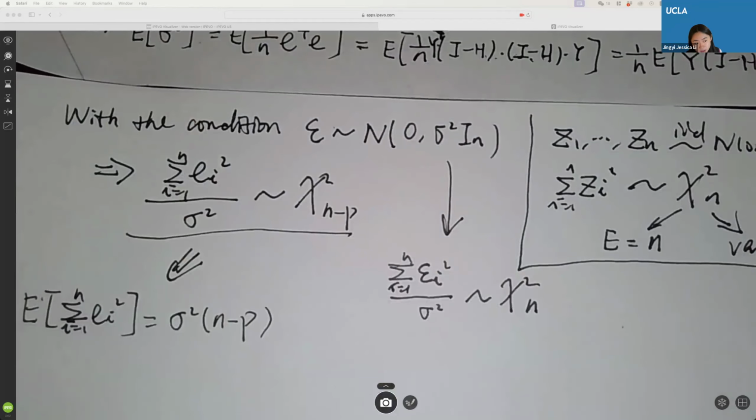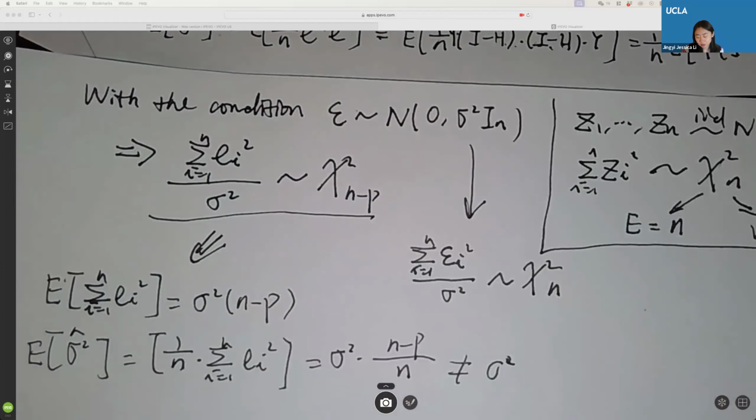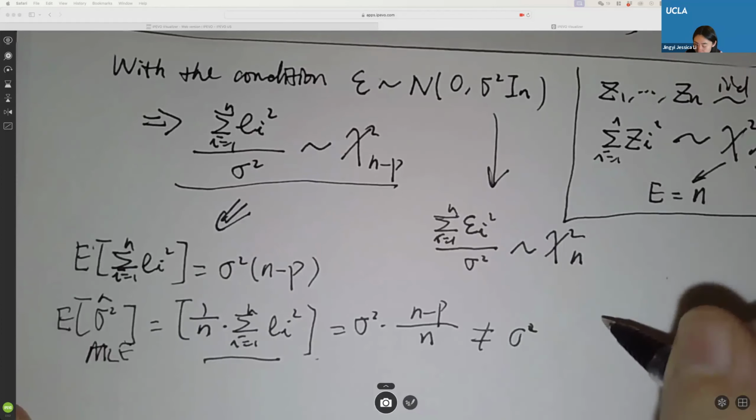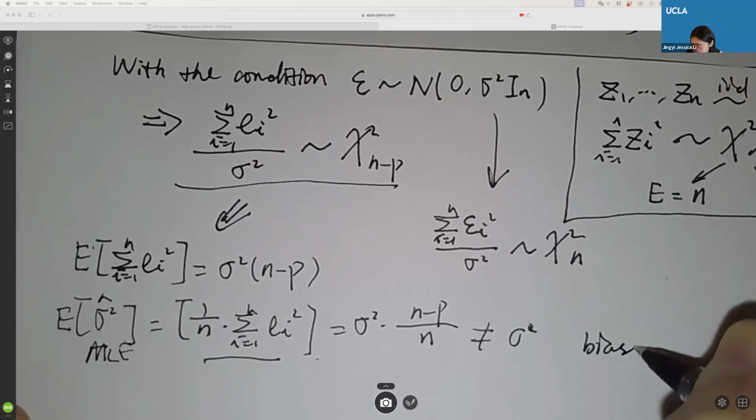Unfortunately, it's not equal to sigma squared. So in this case, we will say the MLE defined as this is not unbiased. It's actually biased, okay?